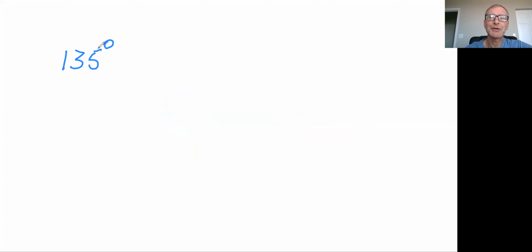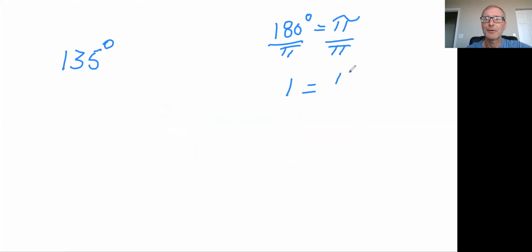So the strategy is again, we have 180 degrees equals pi. And remember, you could divide and get a ratio of the 180 degrees could be on the top and the pi could be on the bottom. So if I divide each side by pi, you get 1 equals 180 degrees over pi.